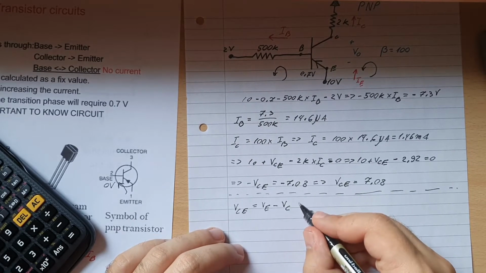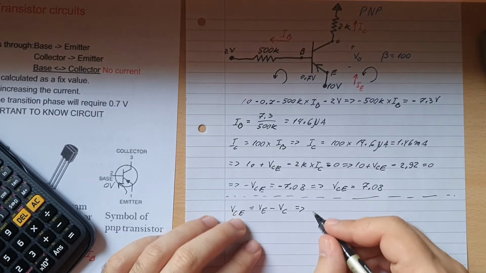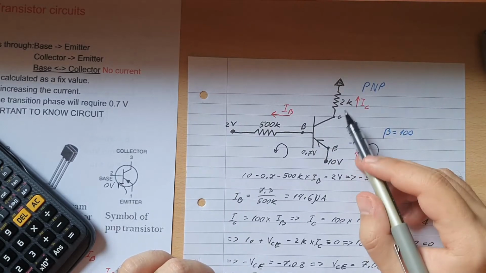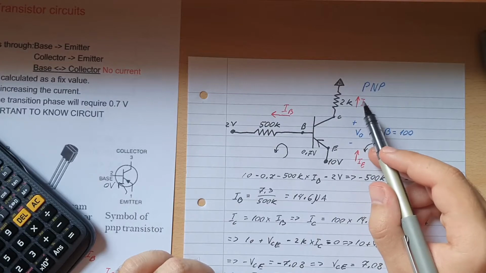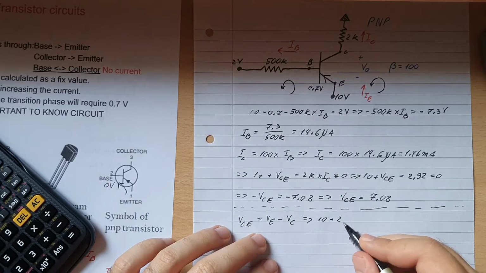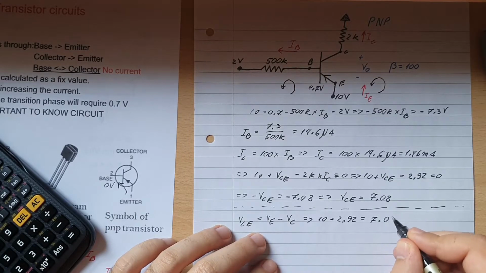Alright, and therefore there's 10 volts at this point, so that means VE is equal to 10 volts minus this 2k ohm resistance, and we know that IC is equal to 1.46, so that'll be minus 2.92, and that will be equal to again 7.08.